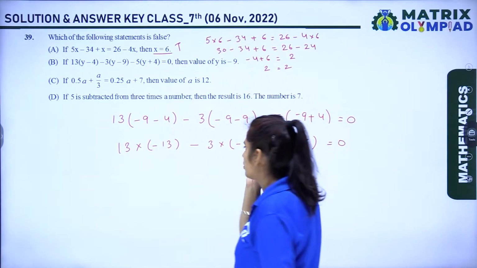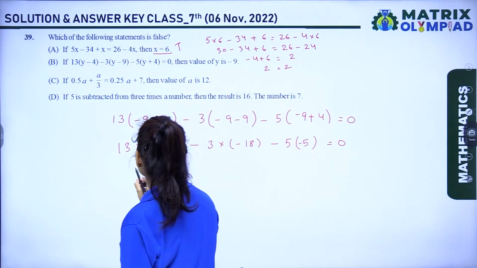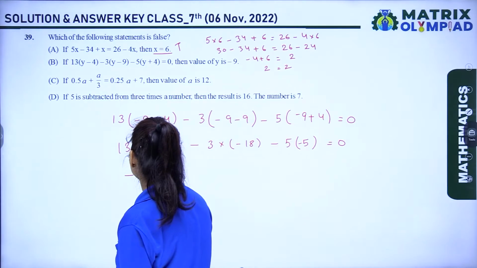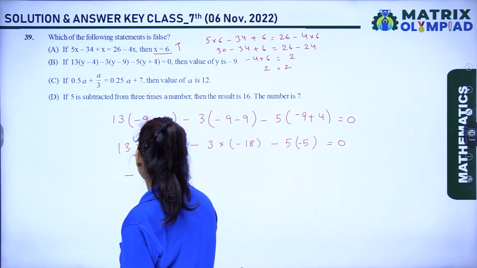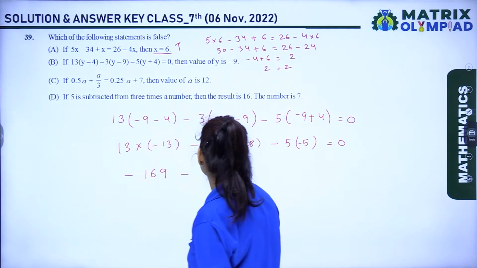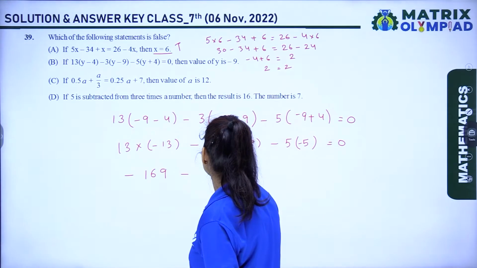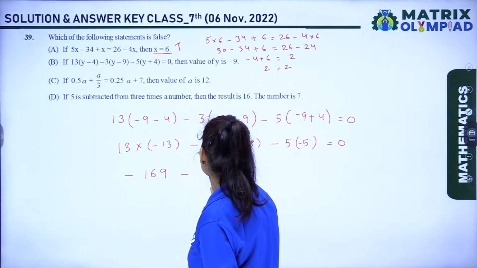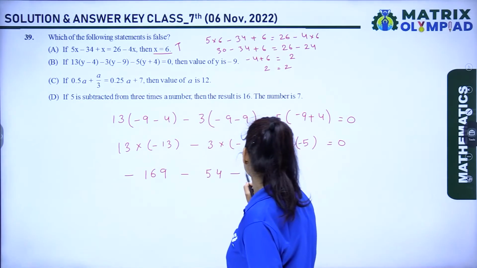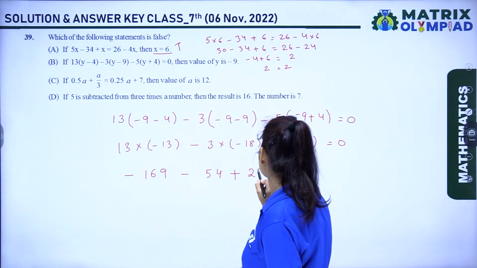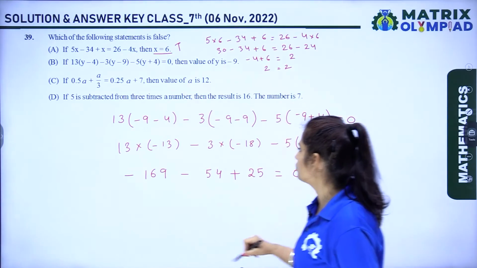Now, square of 13 is negative 169 minus 54 plus 25, that is equal to 0.